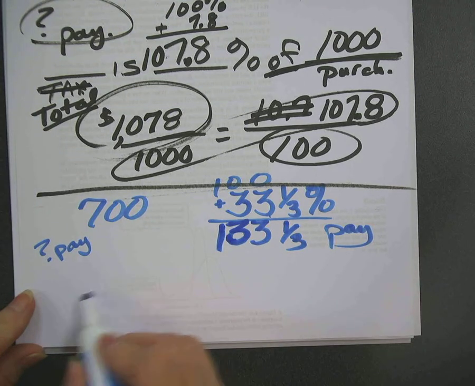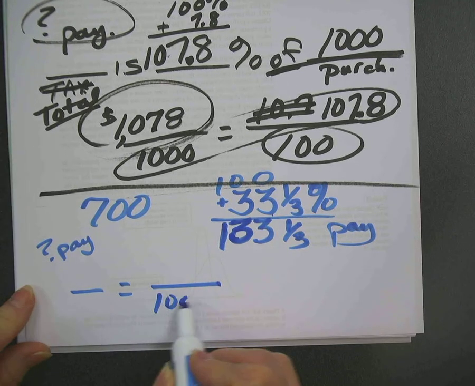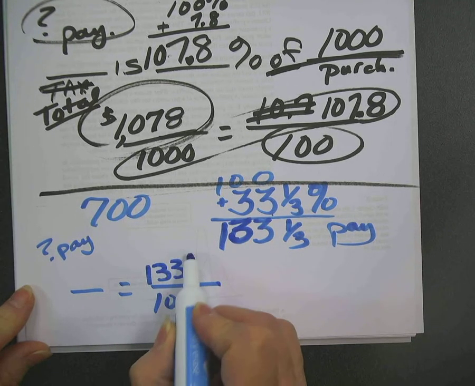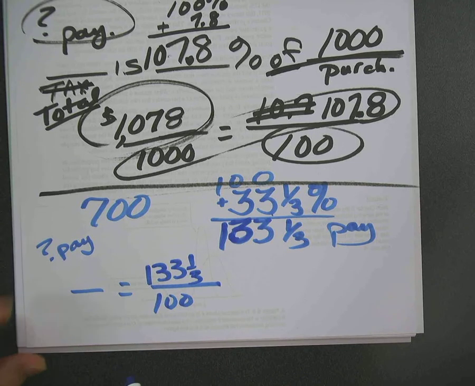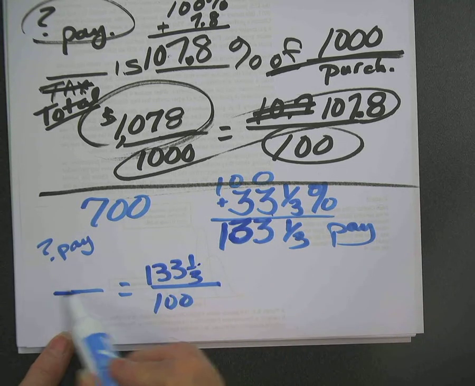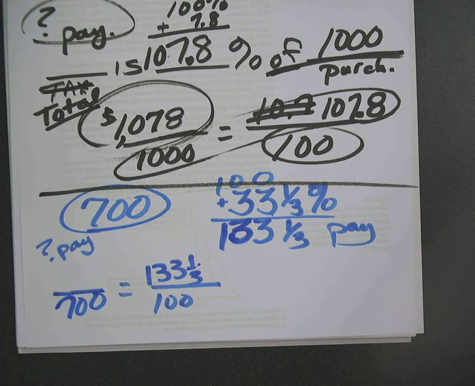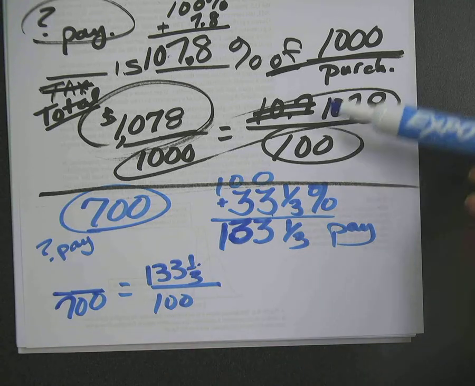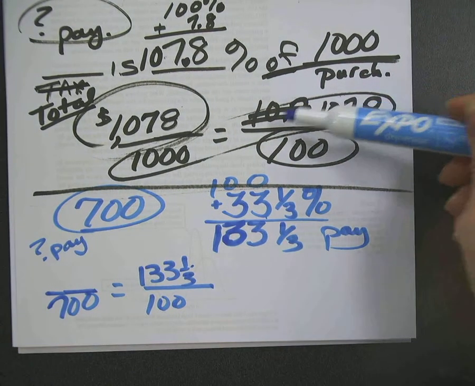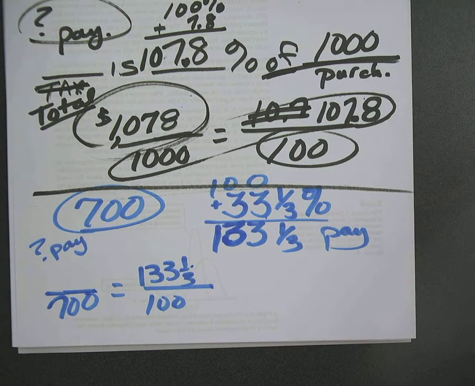Okay, so the percent goes over 100, 133 1/3 percent of your purchase, right? This is your purchase. I didn't do the sentence, did I? Because we pretty much could follow the one we did before. The percent we pay of the purchase is what we pay.